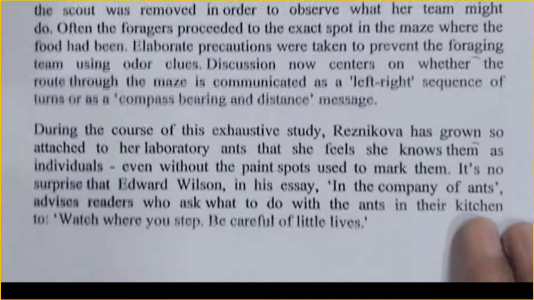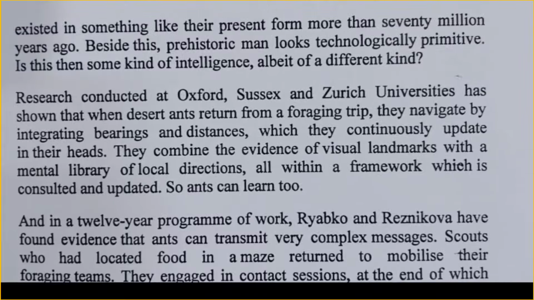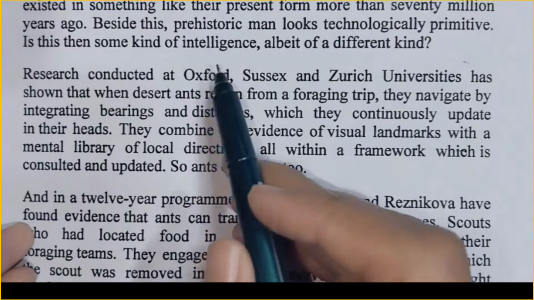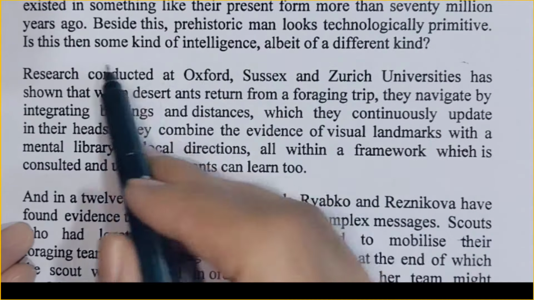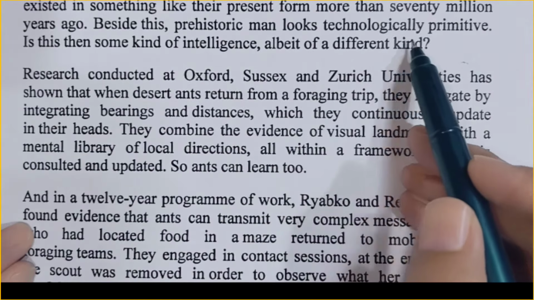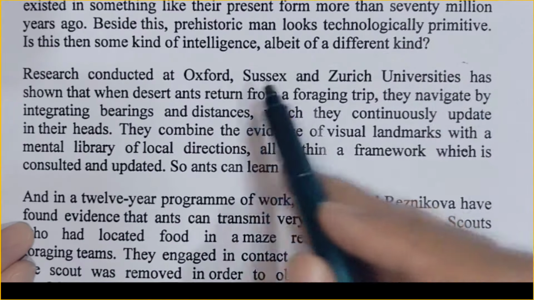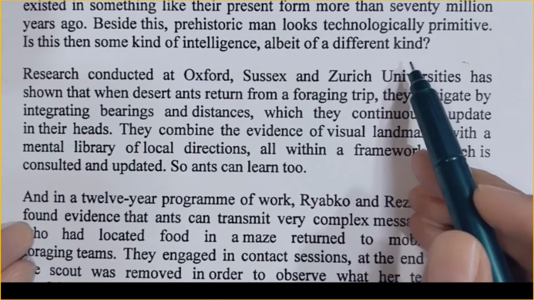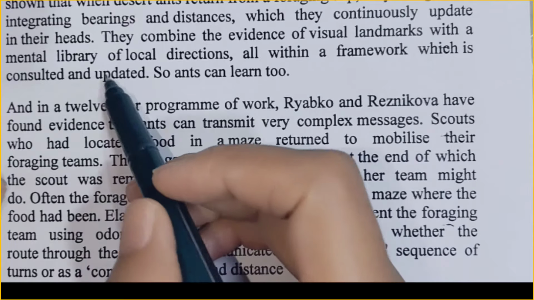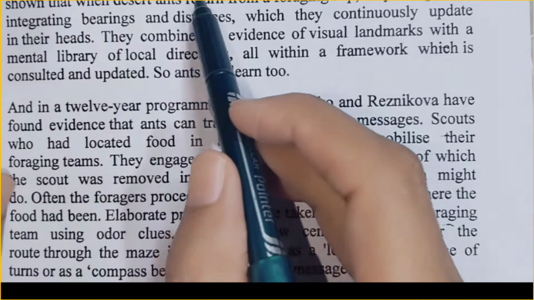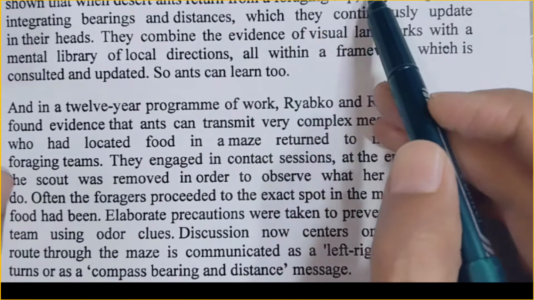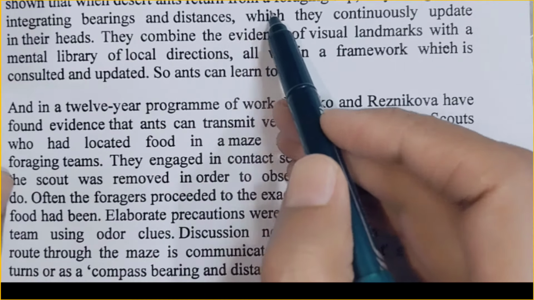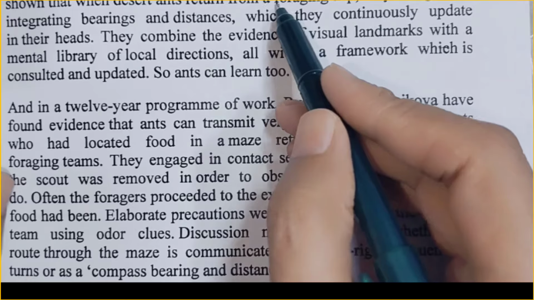So let's move towards our next passage. Existed in something like their present form 70 million years ago, beside this prehistoric man looks technologically primitive. In this, then some kind of intelligence, albeit of a different kind. Now we'll go for the next paragraph. Research conducted at Oxford, Sussex and Zurich University has shown that when desert ants return from a foraging trip.